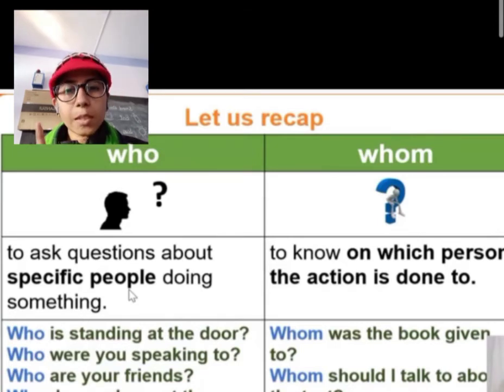Like, who is standing at the door? We are asking about the specific people who is standing. And whom was the book given to? Here we are talking about the person on which the action is done to. Right?